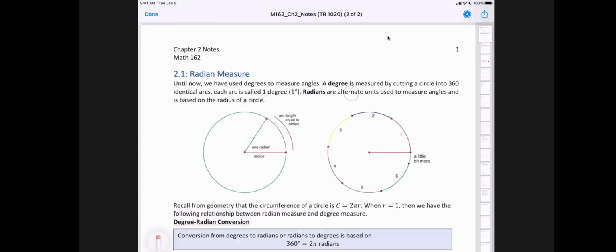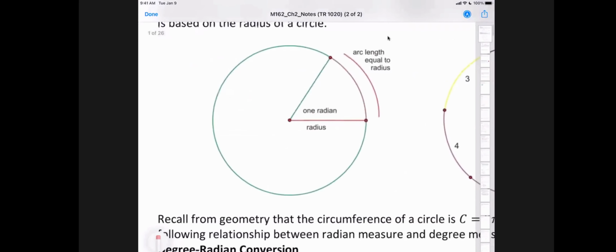Radians are our alternate way to measure angles. The way that we measure radians is we take this circle, and it has some sort of radius. Say this radius is a piece of string that's bendable, and we use that string to go along the edge of the circle, which is called the arc length.